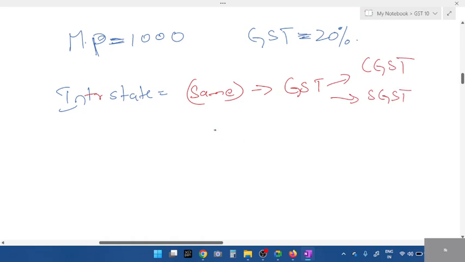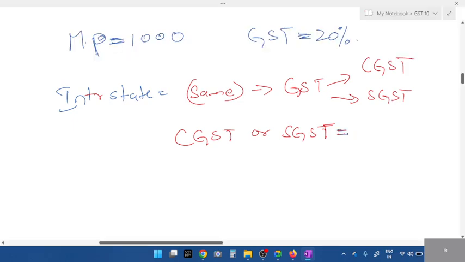So the formula for this, if you want to find it: CGST or SGST, students. From the past 3-4 days, we were learning how to solve it. Now I'll just give the formula.